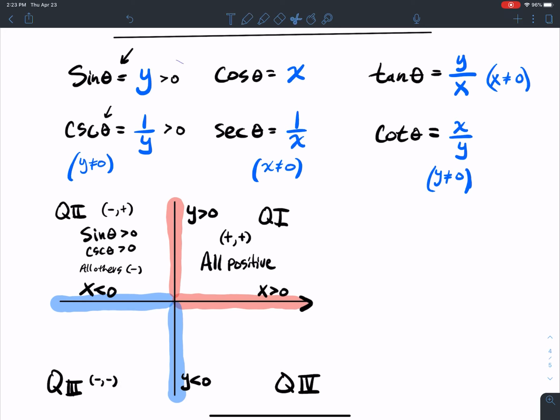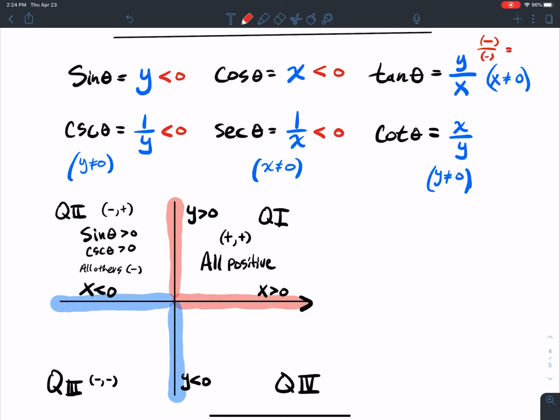Okay, so both the x and the y values are negative. So if both the x and the y values are negative, all right, what's going to go on here? So x is negative, okay? Y is negative. So all of those are negative. But if I have a negative number divided by a negative number, what do I get?